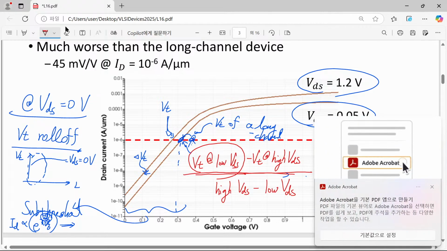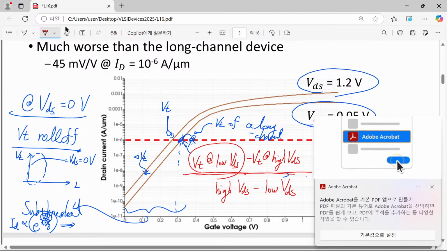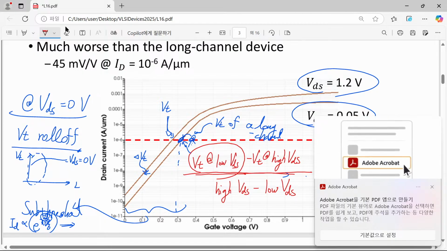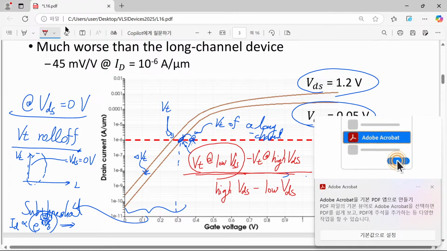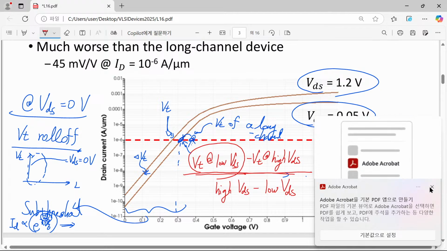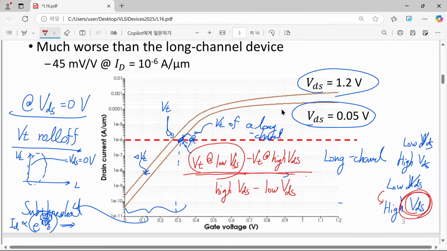That should be calculated to quantify our DIBL quantity. So let's just do the math for this simple case.